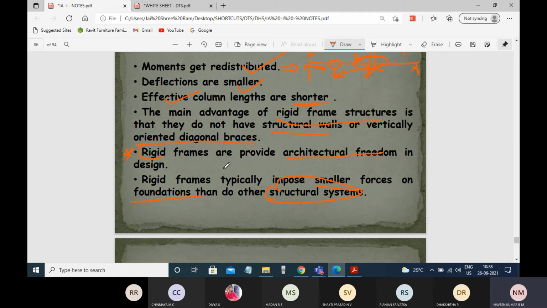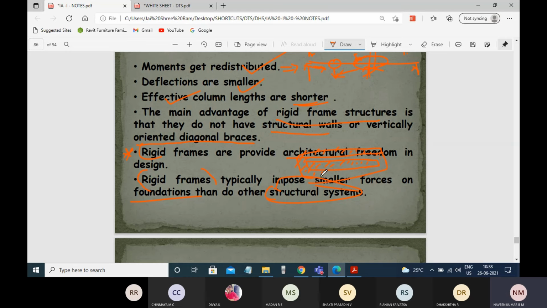Why? Because one more thing is here, the sections are somewhat larger when compared to shear walls. You can see the section is very small, okay, so it is of the width of the wall, almost equal to the width of the wall. So for this you require a higher area for foundation.